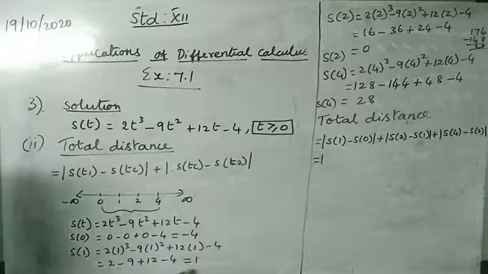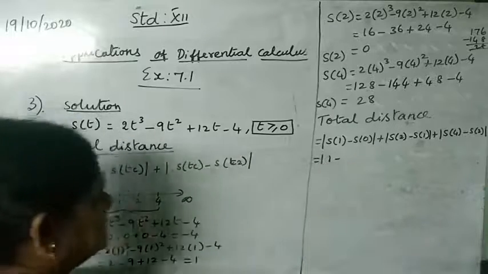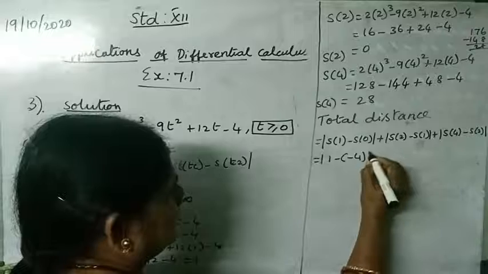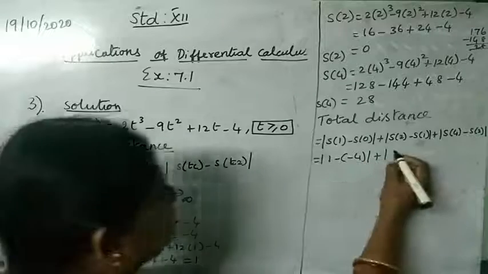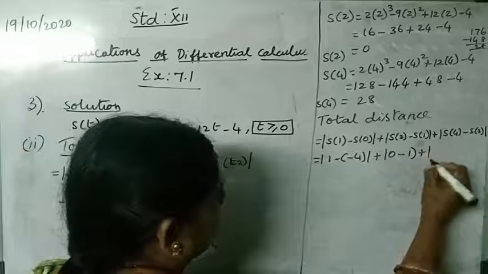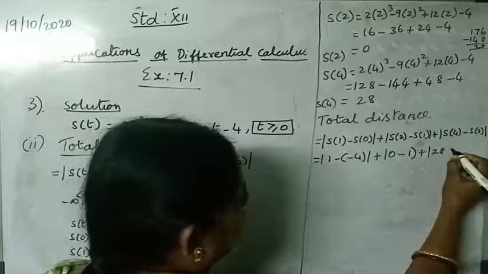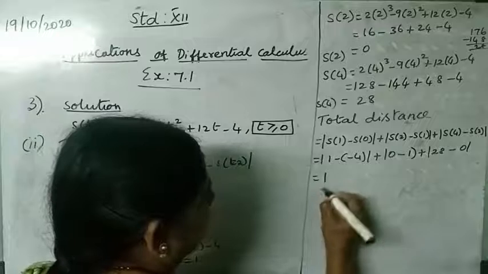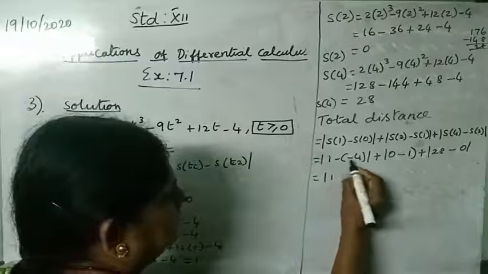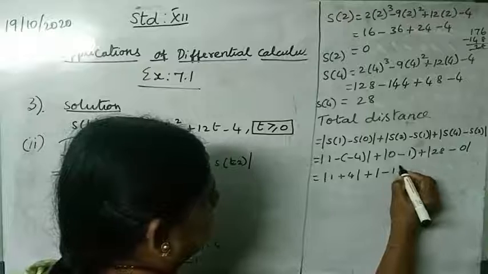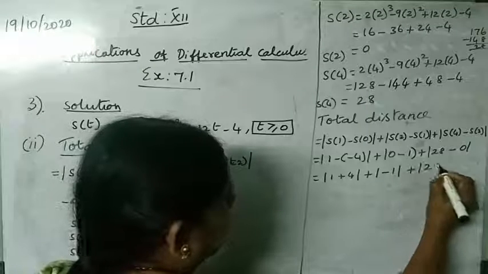S of 1 is 1 minus S of 0 is minus 4, plus modulus of S of 2 is 0 minus S of 1 is 1, plus S of 4 is 28 minus S of 2 is 0. So it is equal to modulus of 1 minus of minus 4, plus modulus of minus 1, plus 28.